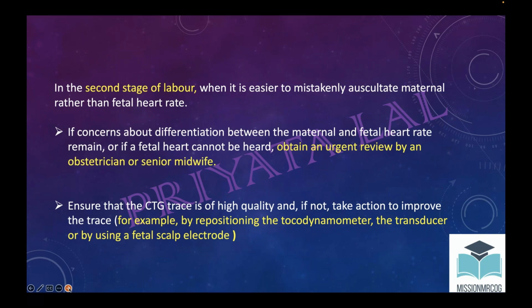The CTG should be of high quality. If the CTG trace is not of good quality, then readjustment, changing of the machine, or consideration of a fetal scalp electrode has to be done. That means if we are unable to differentiate, we will call for help, or we will change the CTG position, or we will use the scalp electrode.